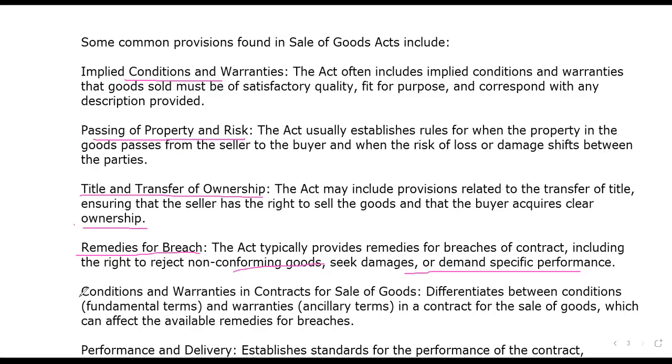The Sale of Goods Act also has conditions and warranties of sale. So it differentiates between the conditions that are fundamental and the warranties that are auxiliary in the contract. And also performance and delivery. So these are some of the components that you must know under the Sale of Goods Act.